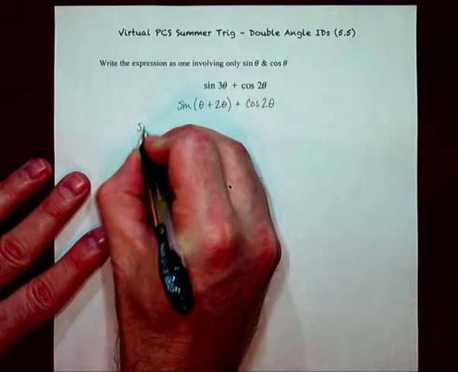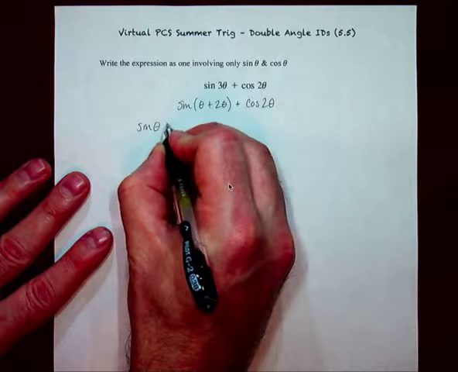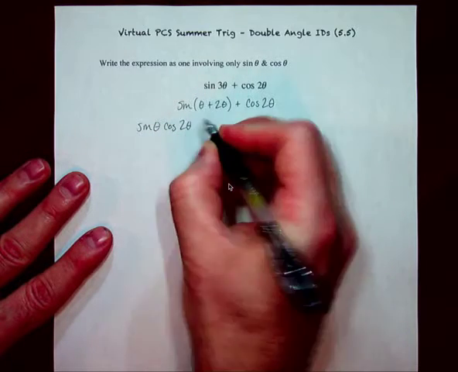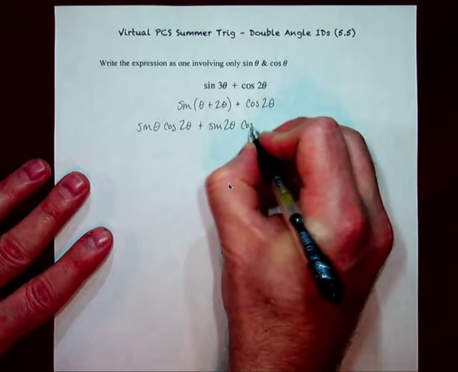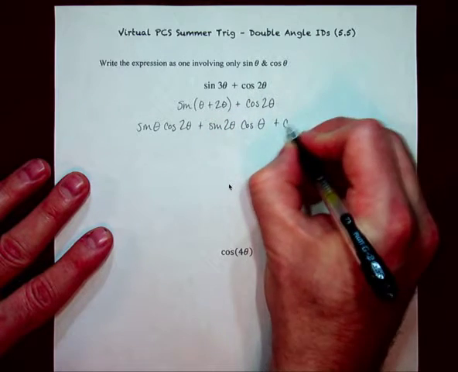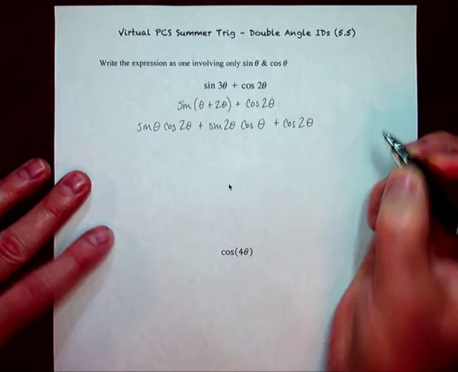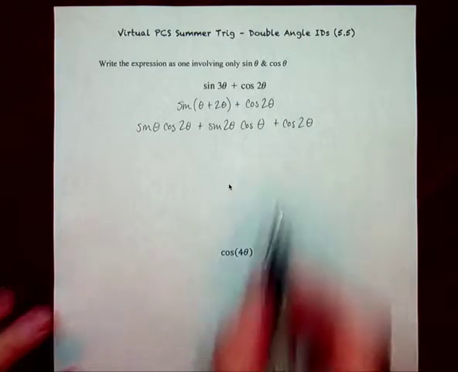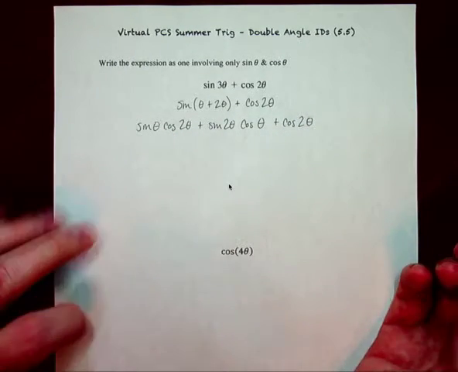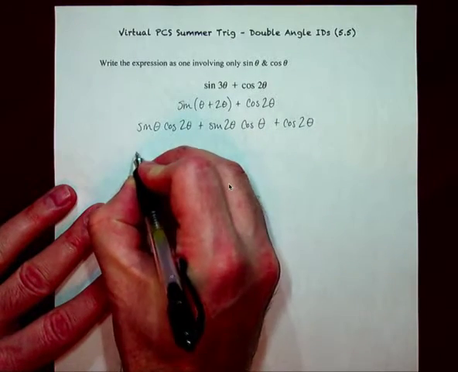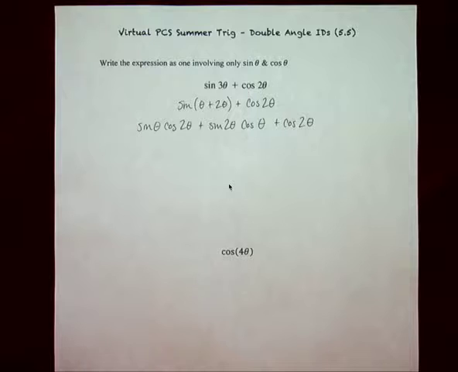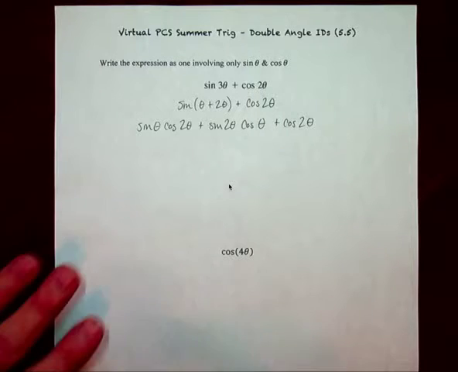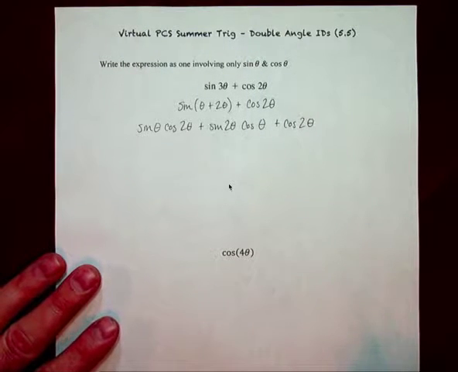At which point we get sine theta cosine 2 theta plus sine 2 theta cosine theta plus cosine 2 theta. Now, if you want to pull this over here and group them together, that's fine. It doesn't really matter. You're going to get a weird, half-factored expression at the end, but if you want to do it, that's fine.